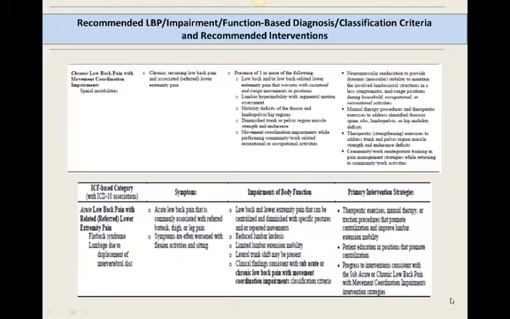Again, I just want to draw your attention to chronic low back pain with movement coordination impairments. Very similar presentation to acute and subacute low back pain with movement coordination impairments. However, it's just more chronic or more recurring. Typically they have pain that is worse at end range and worsens with sustained and end range motions.